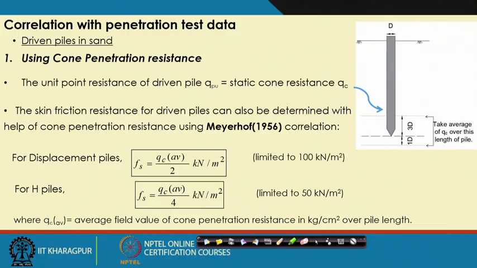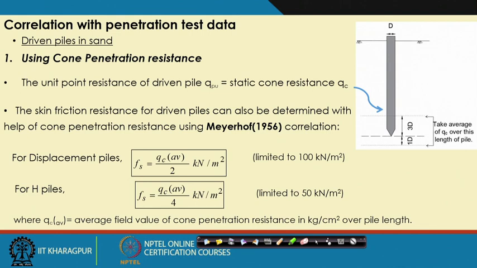As I mentioned, in the static cone penetration test we can separately determine the tip resistance and the friction resistance. So, in case of pile, this SCPT data is very useful to determine the load carrying capacity of the pile. First I will discuss the SCPT data and then the standard penetration test data or SPT data.